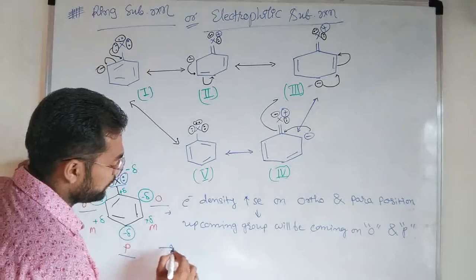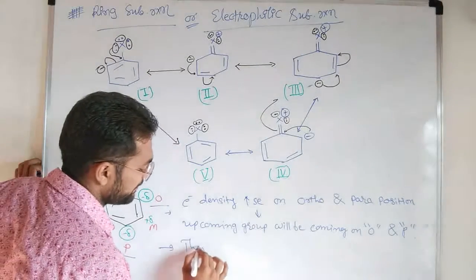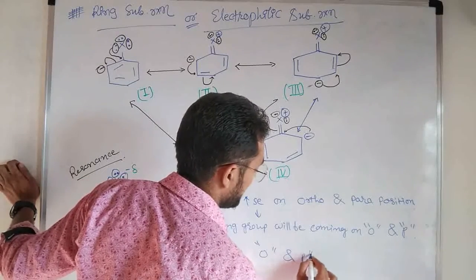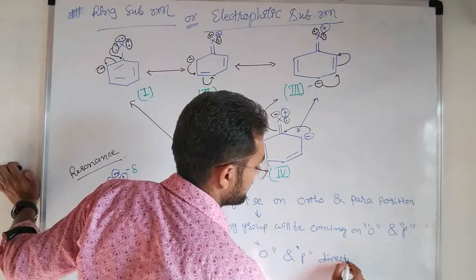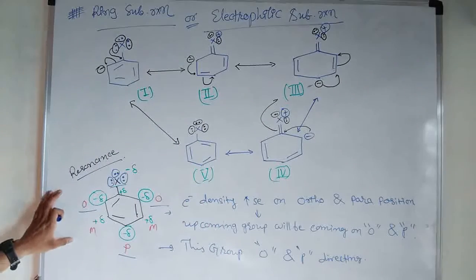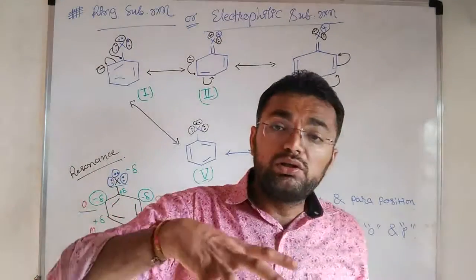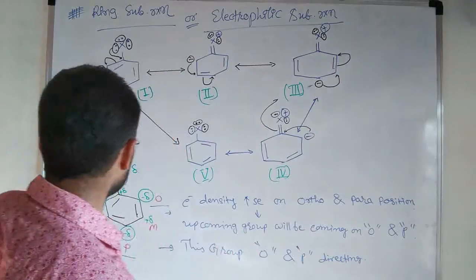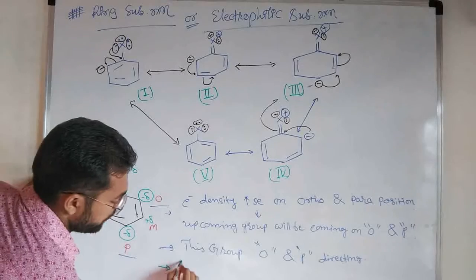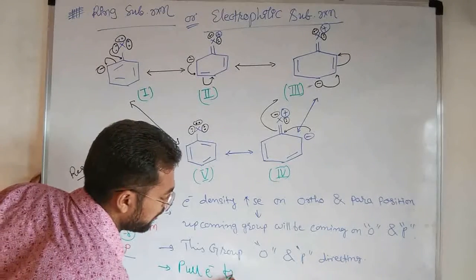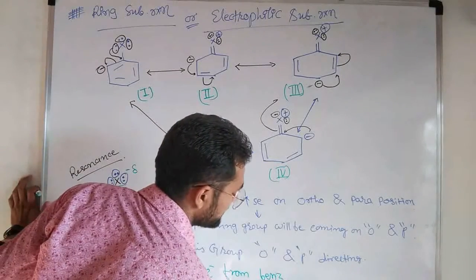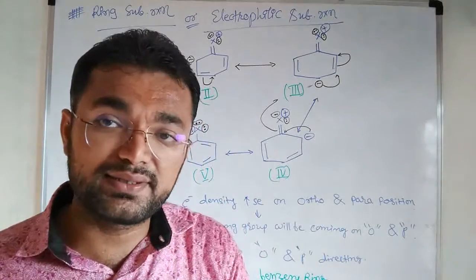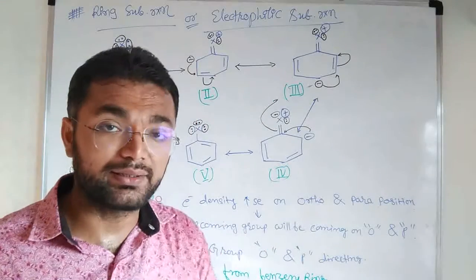A group like this is called ortho and para directing. This type of group pulls electrons from the benzene ring. Meaning to say they are considered a benzene ring deactivator.